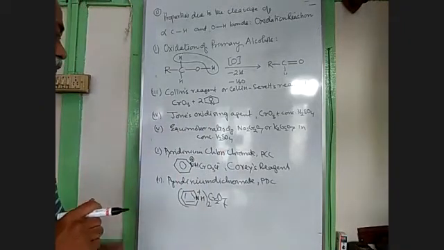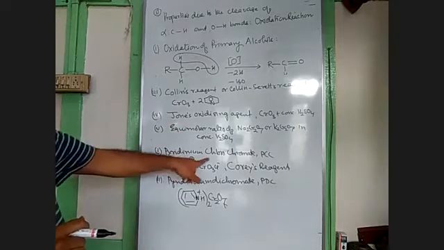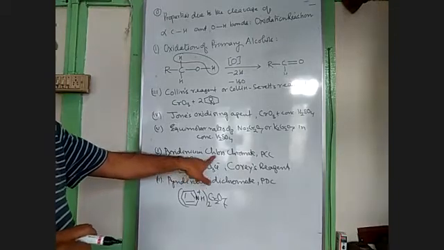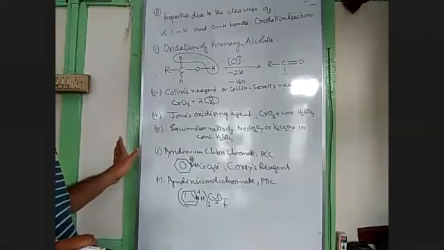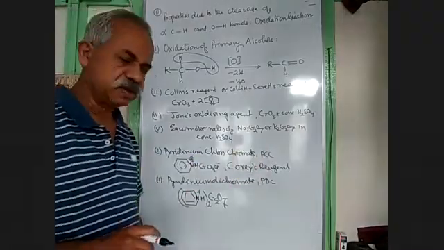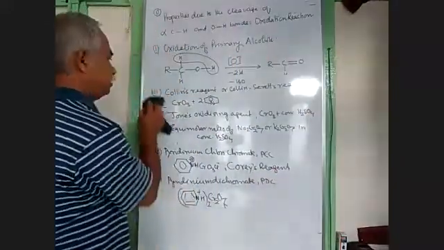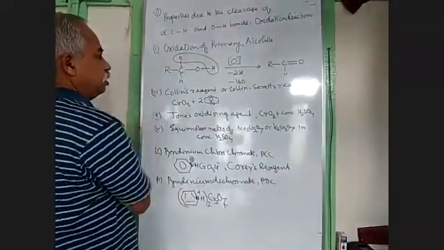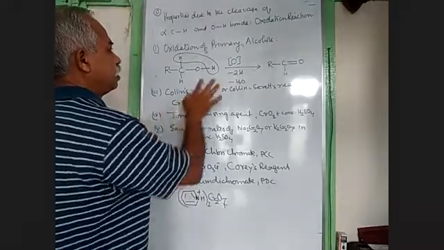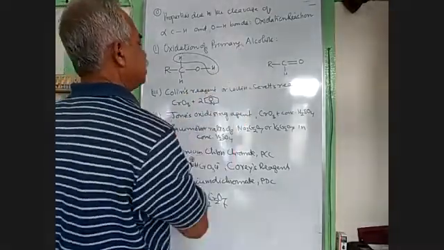Clear? Now, in such cases, whenever we start the reaction, we'll use the first one, PCC. And we are not going to write the formula because you will not be able to remember it also. So we are going to use the abbreviation. All right. So let me remove this one. And I'll write one general equation.